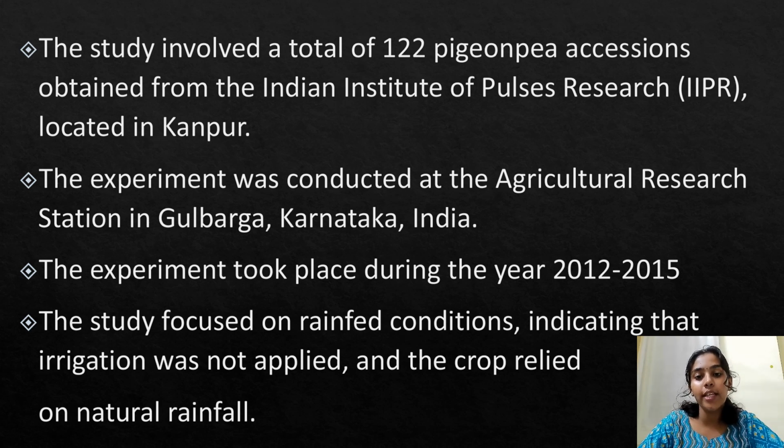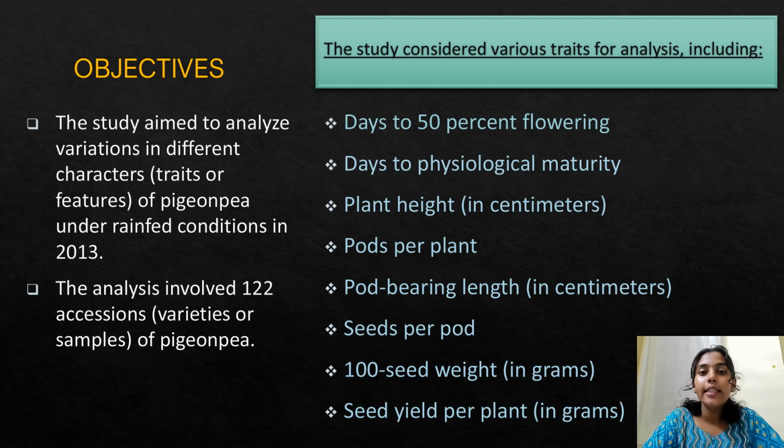The experiment took place during the years 2012 to 2015, and the study focused on rainfed conditions, indicating that irrigation was not applied and the crop relied on natural rainfall. The major objective of the case study is to analyze variations in the different characters of PGNP under rainfed conditions in 2013. The analysis involved 122 accessions of PGNP.